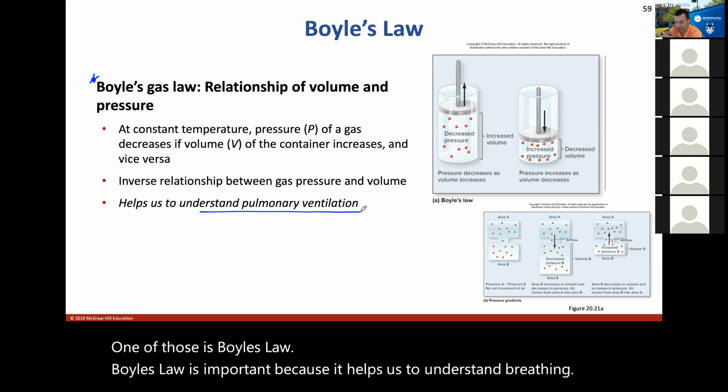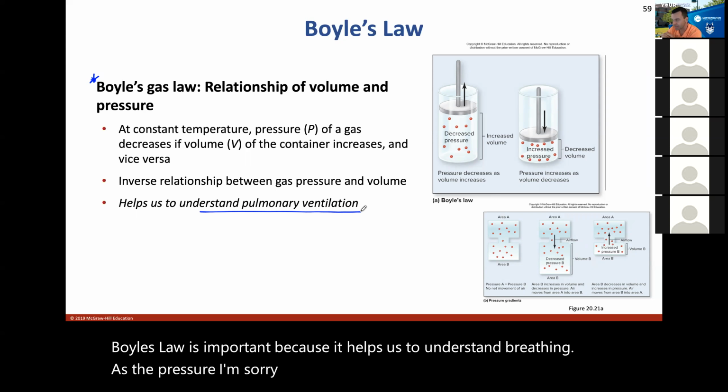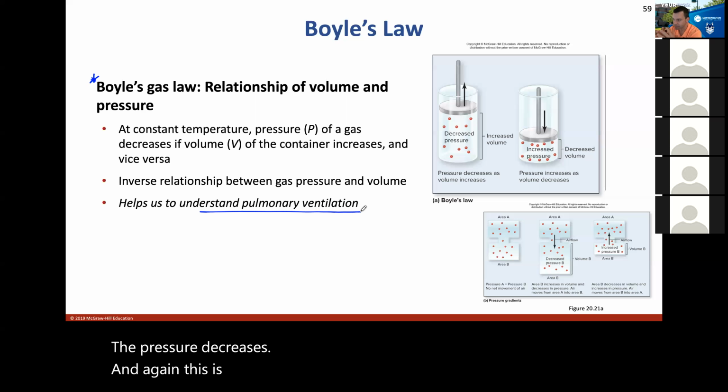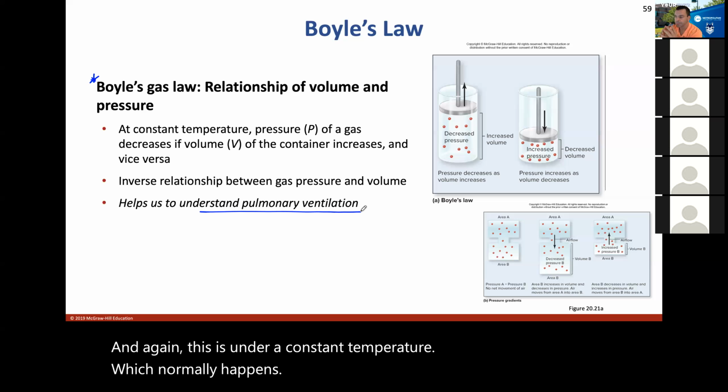As the volume of a space increases, the pressure decreases. And again, this is under a constant temperature, which normally happens.